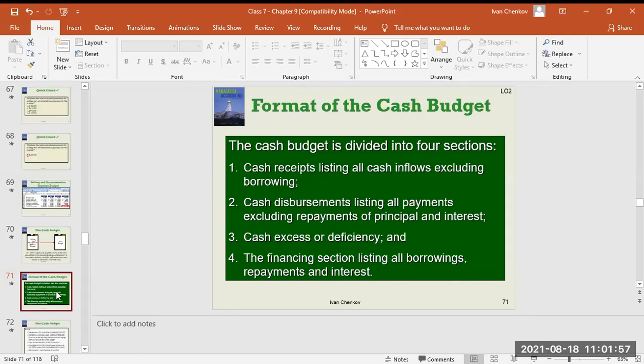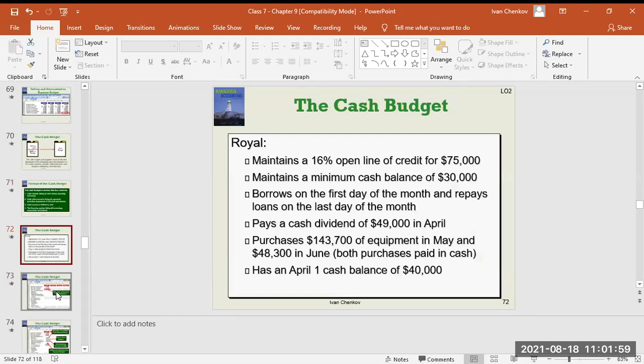So in order to prepare the cash budget for this company, we need additional information. First, this company maintained a 16% open line of credit for $75,000. So they're paying 16% on the line of credit, which is all up to $75,000.